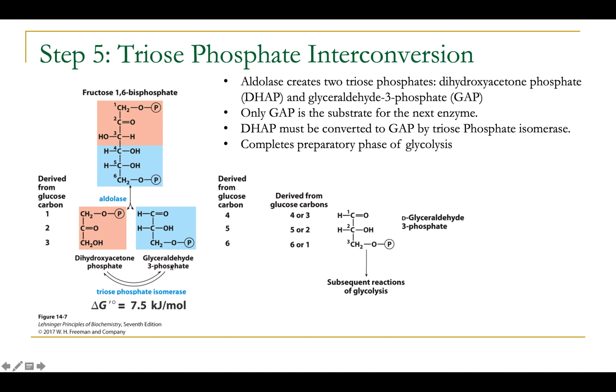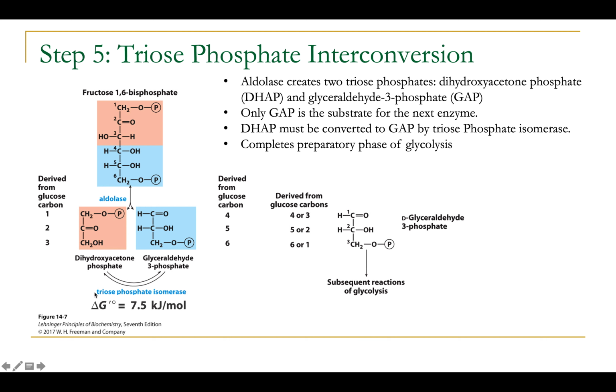A result of this reaction is the production of two identical glyceraldehyde 3-phosphate pieces, one of which originates from the first 3 atoms of fructose 1,6-bisphosphate and the other from the last 3 atoms.